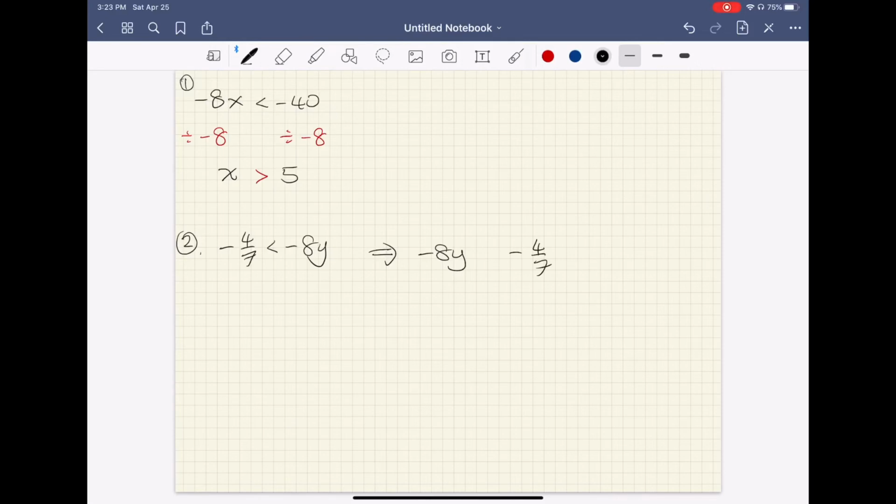But one thing you guys will need to remember is that whenever you switch the sides in an inequality, you need to switch the sign as well.